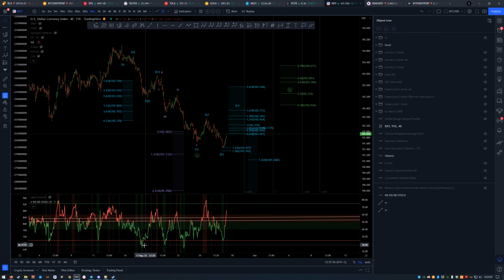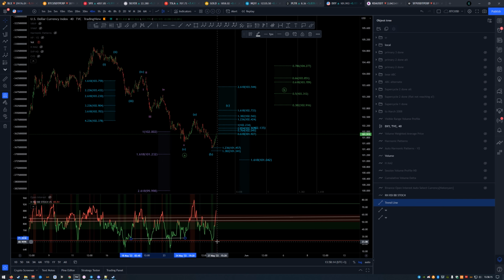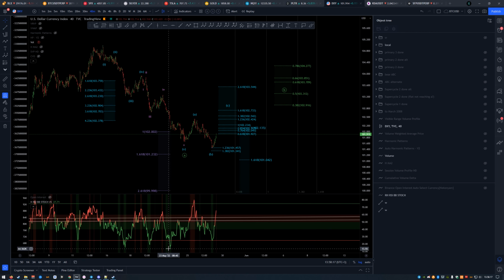We do have very well okay-ish, I guess, RSI divergence here. We are measuring again from the end of the 3 to the end of the 5. So this low here to this low here, there is a slight divergence there, not much.